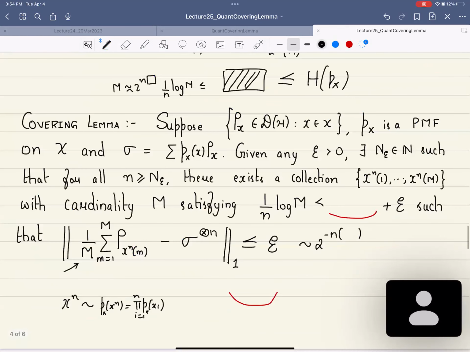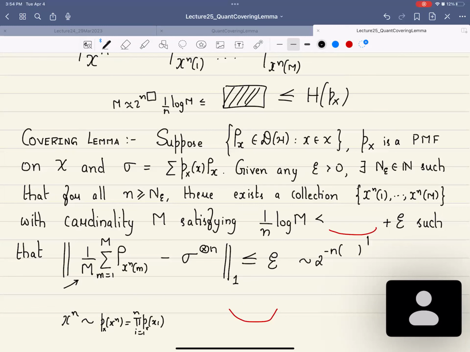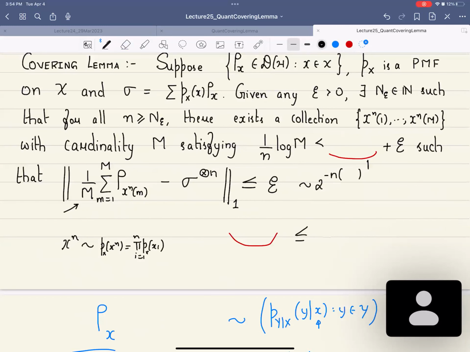We'll start to prove the packing lemma. So what do I need? Proof. I'll set up all the elements that I have.